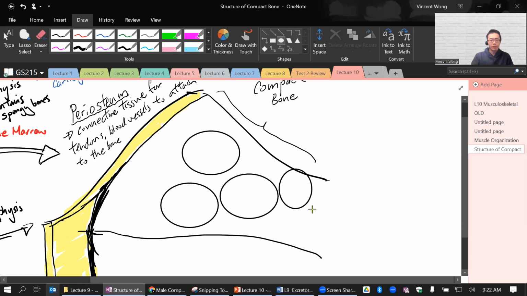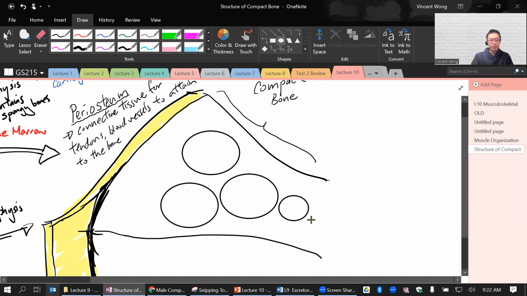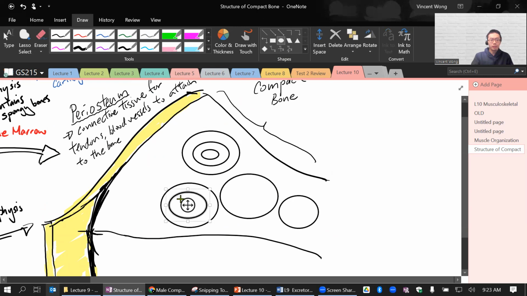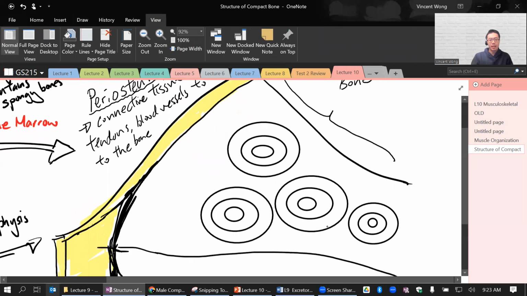I'm just gonna draw a few of them. Just know that they're everywhere. You're gonna have these circles all over the place. And inside the circles, you have more circles. This is for real. If you look at bones under the microscope, that's exactly what they look like. If you were in my class last semester, I might have shown you a bone slide for the microscopy lab.